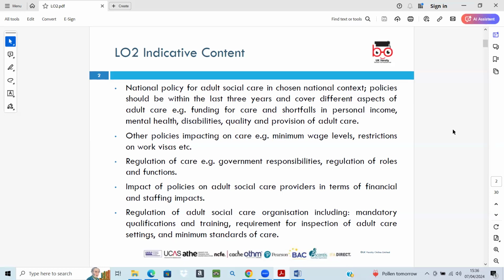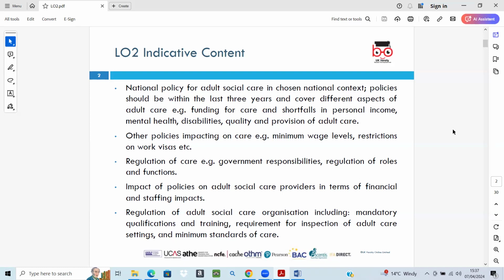And we have mental health and disabilities. Policies like the Mental Health Act and the Equality Act in the United Kingdom aim to protect and support individuals with mental health issues and disabilities. What they do is ensure that service users have access to appropriate care services.